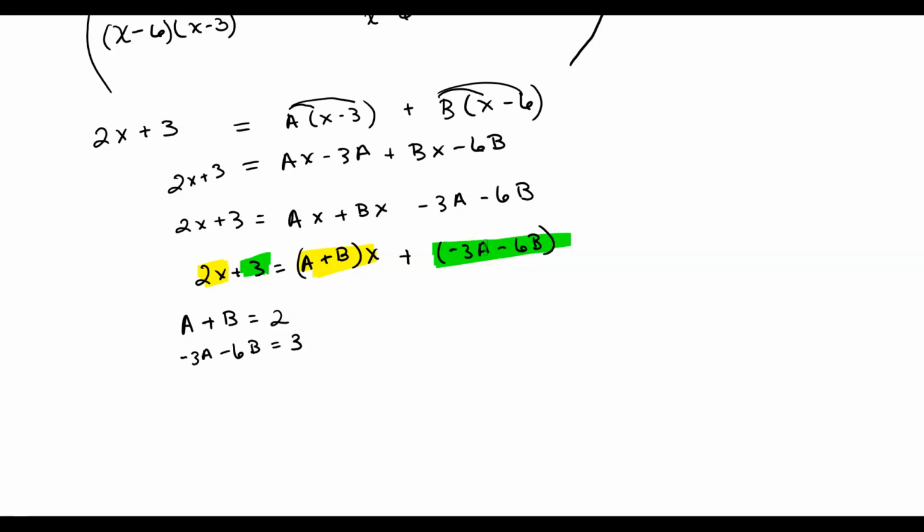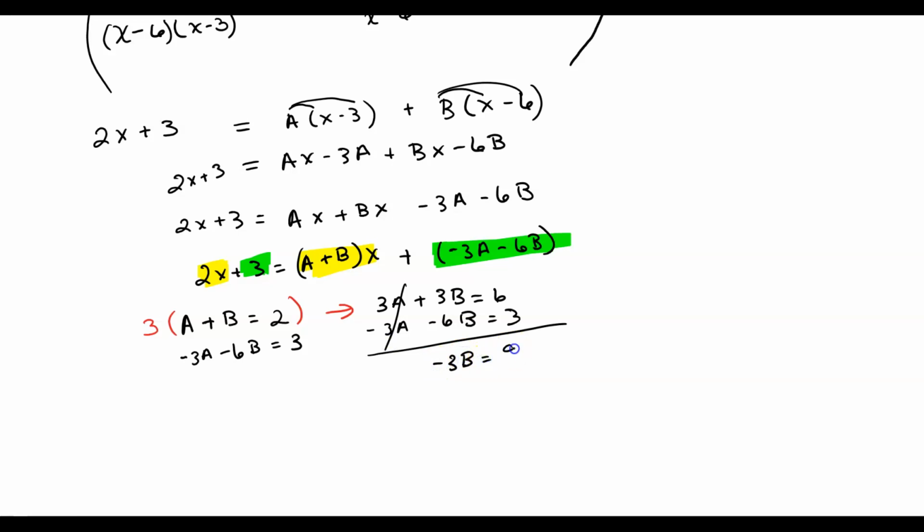At the end of the day, there's nothing to it. What we could do here is some elimination. Let's say I multiply the first equation by 3. This yields 3A + 3B = 6, and we have -3A - 6B = 3. Then we combine the two equations and get -3B = 9.